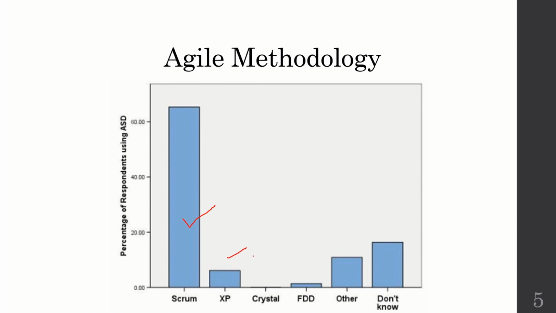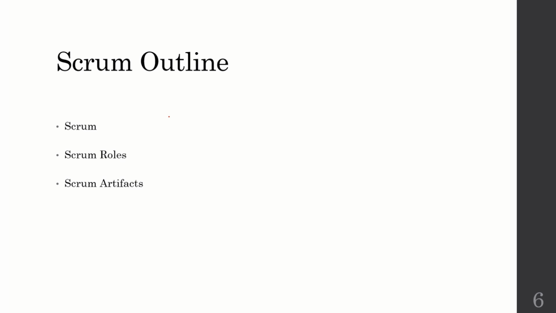So according to this, we can see that the Scrum and XP models play the major roles under agile development. And in the current scenario, we have certain other models, like Lean Software Development, that are trending in the market as well. So starting with Scrum, we have the following outline.